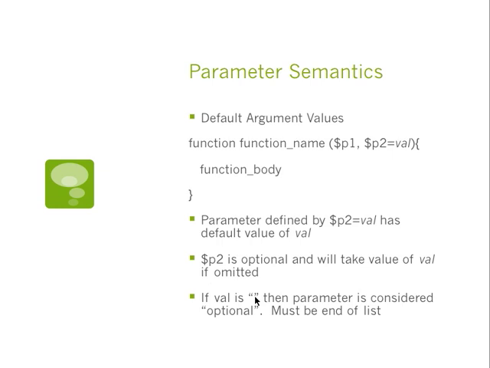Basically what this does is allow you to have a variable length list of parameters. I probably wouldn't suggest using optional parameters. I think it's better to make it explicit. But I think using default arguments is perfectly fine. Optional, I think, is probably something that you want to avoid.